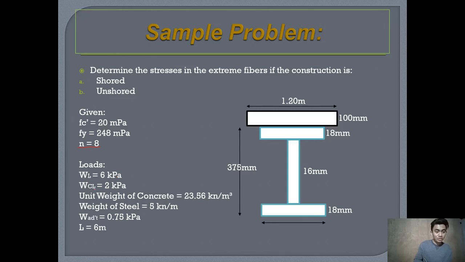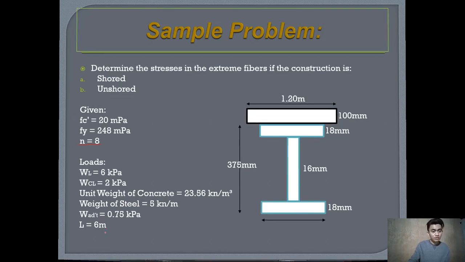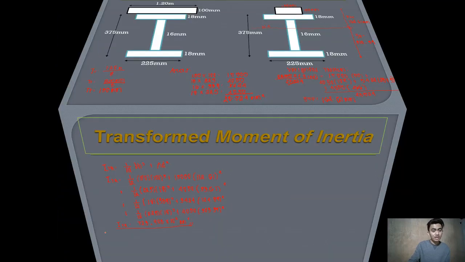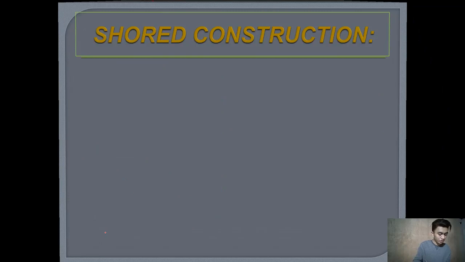WCL here is your construction load. We have here unit weight of your concrete, weight of steel, and then weight additional here will be considered as part of your live load. And then I have here length, which is equal to 6 meters. This is now the span of your concrete slab. All right. So from here, let us start our computation for W under shored construction.